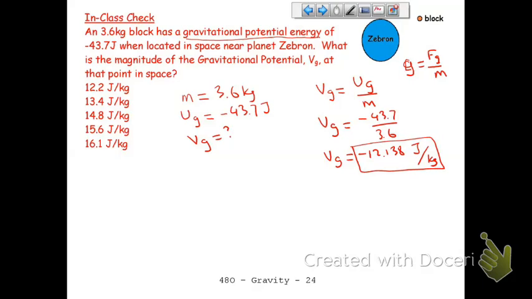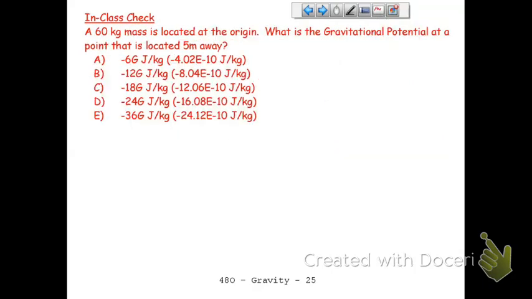Last little bit. A 60 kilogram mass is located at the origin. What is the gravitational potential? That is my VG at a point that is located 5 meters away.